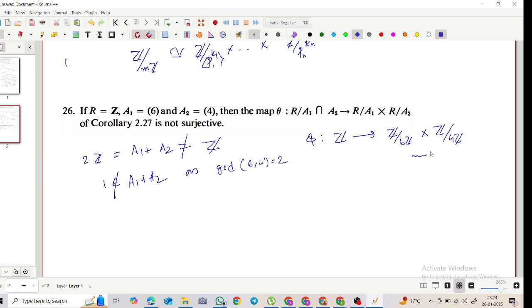There is an obvious element, na? I told you that 1 is not inside here. 1 is not in the 1 plus 2. So obvious element is this.